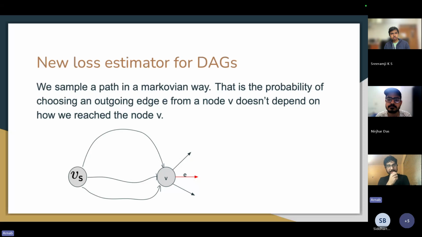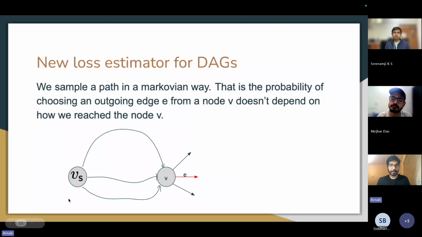Roughly at the start, Siddharth sir was asking whether I was playing a flow or an integral path. During the algorithm, first we'll compute a flow, and using that flow we'll generate an integral path, and it will be done in a Markovian fashion. What I mean by that is, when you're choosing edges one by one and you reach some node v, the probability with which you choose the next edge e doesn't depend on how you reached this node v.